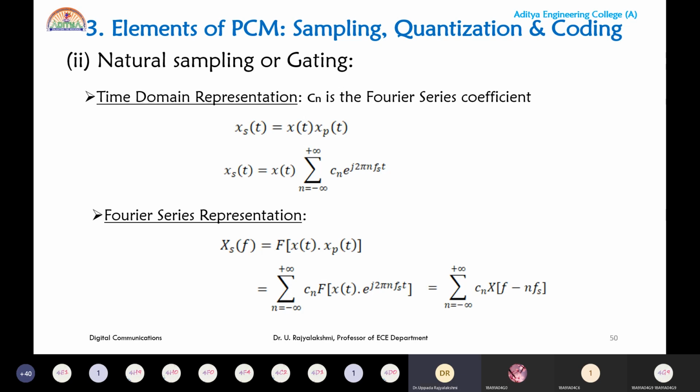If the product of an exponential term is there in the time domain, you will have a shift in the corresponding frequency in the frequency domain.